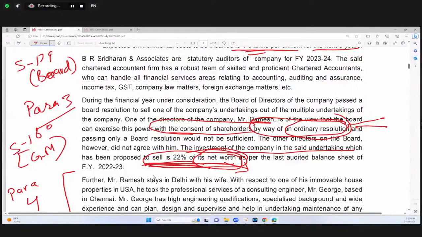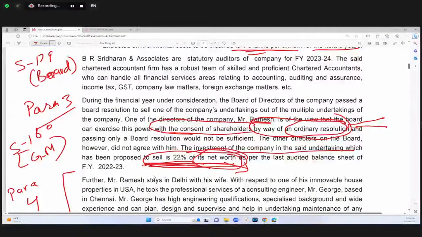We are not going to ask you intermediate questions, but this is basic knowledge of company law provisions. We have to send a notice 21 days before the meeting.